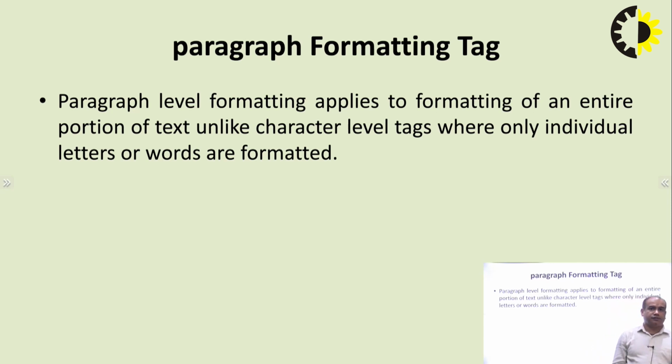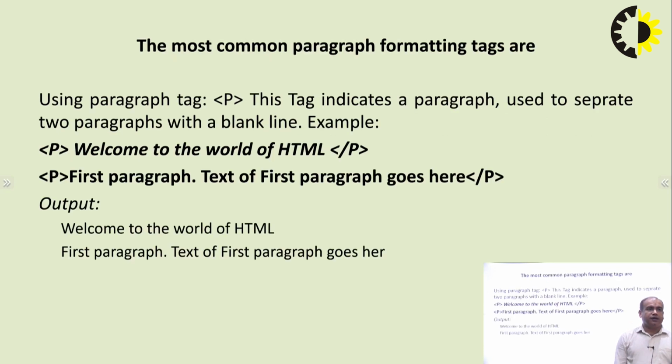Paragraph level formatting applies to the entire portion of the text, unlike character level tags where only individual letters or words are formatted. The most common paragraph formatting tag is the P tag. This tag indicates a paragraph, used to separate two paragraphs with a blank line.